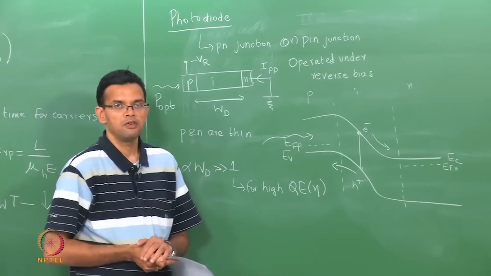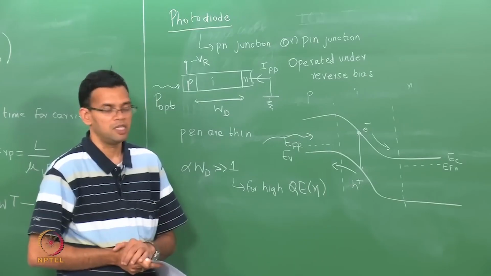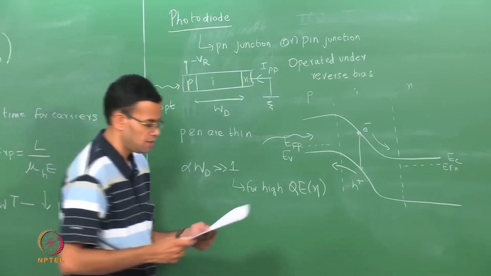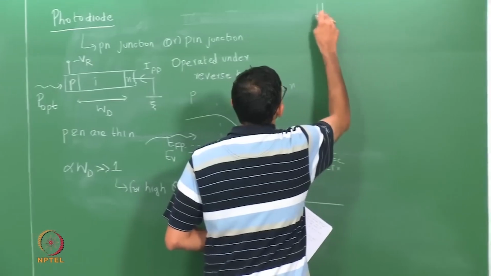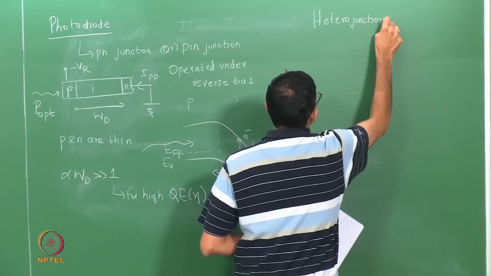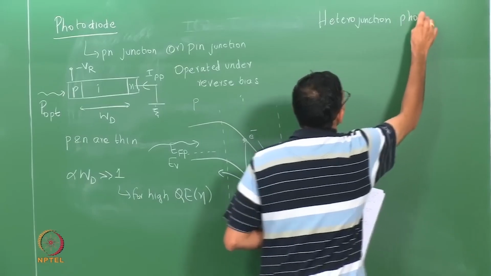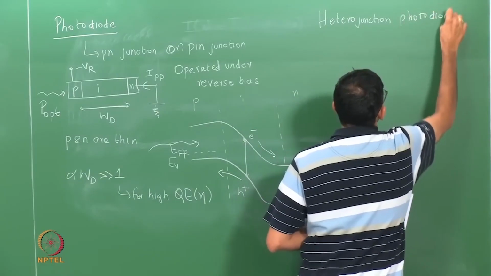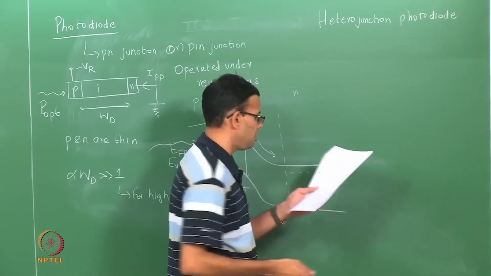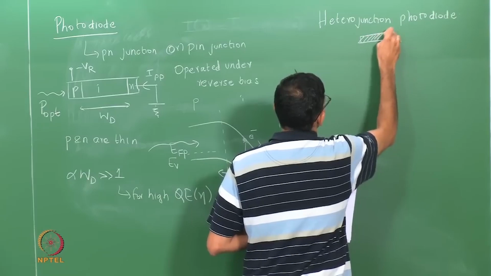So, in these cases, whether you have a simple p-n junction or a pin, you could have them of the same material. Another way to do that is to have a heterostructure based device, so that you can have a heterojunction photodiode. So, let me draw a simple schematic of such a structure. This represents the contact.